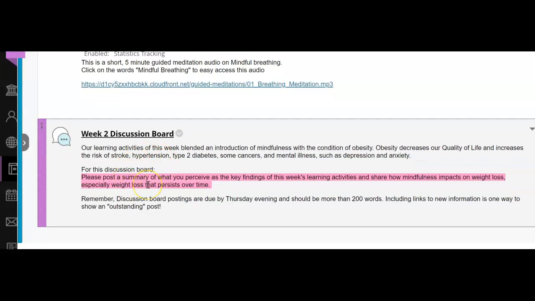So for the discussion board post, summarize what you perceive as the key findings of this week's learning activities, and also share how mindfulness impacts weight loss, especially weight loss that persists over time.